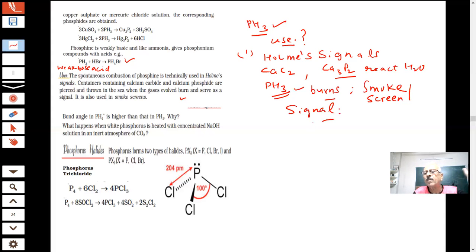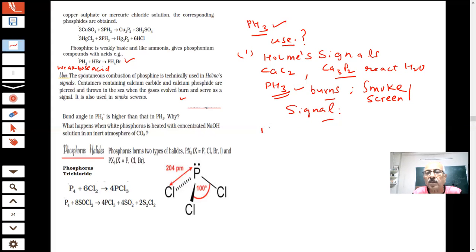People coming from a far distance in a ship can see those signals. Holmes signals have been used as smoke screens, visible to the ships in the sea.